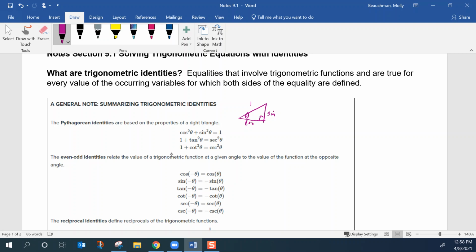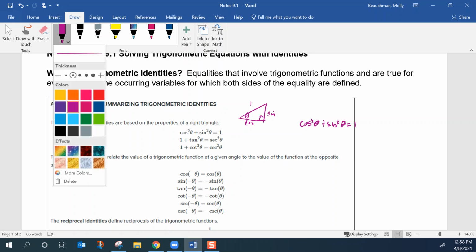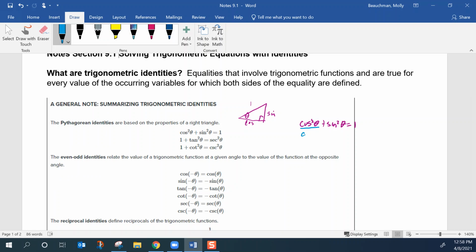The other two Pythagorean identities can be derived from cosine squared plus sine squared equals 1. For example, if you start with cosine squared plus sine squared equals 1, and then divide both sides by the cosine squared, that means we divide each term by the cosine squared.